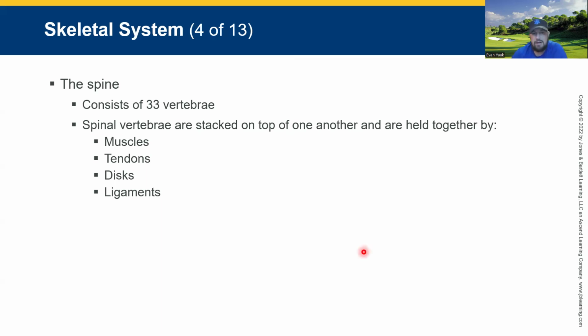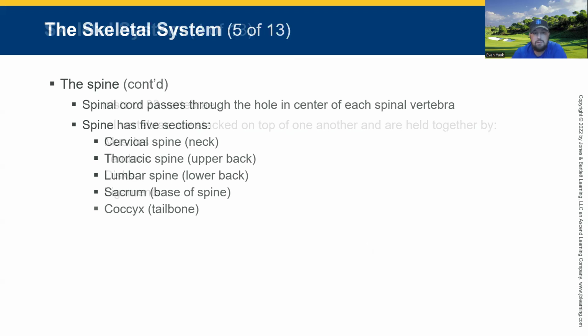You've got the spine. It consists of 33 vertebrae. Spine vertebrae are stacked on top of one another and are held together by muscles, tendons, discs, and ligaments. The spinal cord passes through the hole in the center of each vertebra.